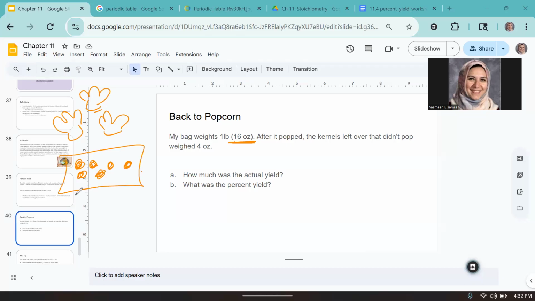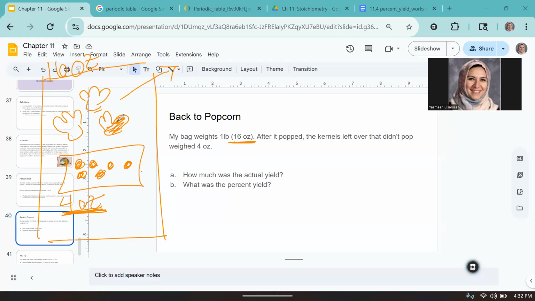These kernels weighed 4 ounces. If the whole bag weighed 16 ounces and the kernels are 4 ounces, then how much did the popcorn weigh in total? The popcorn in total weighed 16 minus 4, so 12 ounces. So we actually had 12 ounces of popcorn. That was our actual weight.